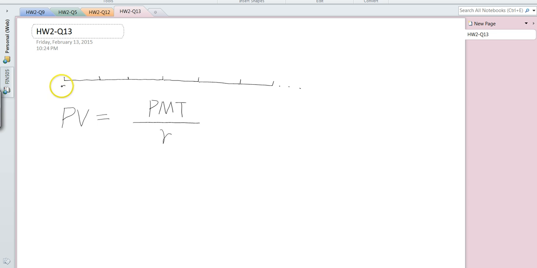So the formula applies if I draw this chart, timeline: 0, 1, 2, 3, 4, 5, 6, and so on and so forth, continues forever because it is a perpetuity.